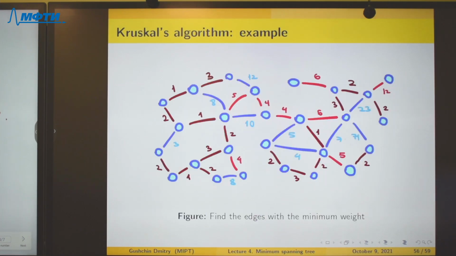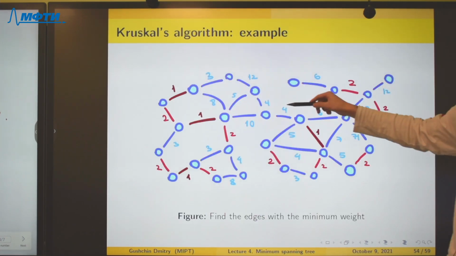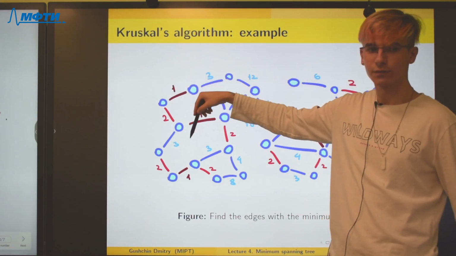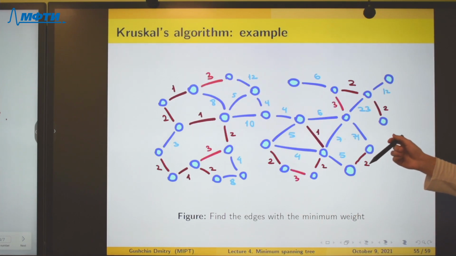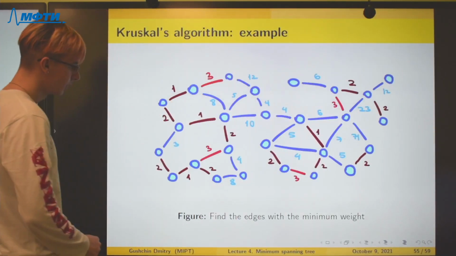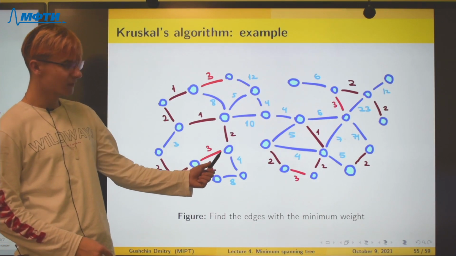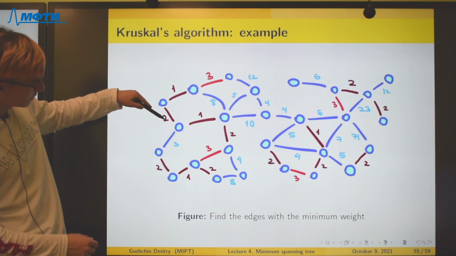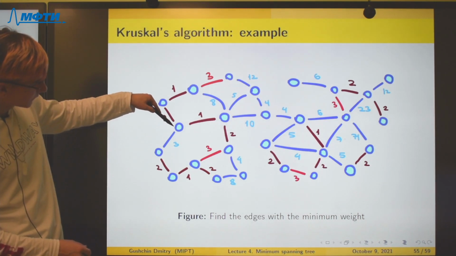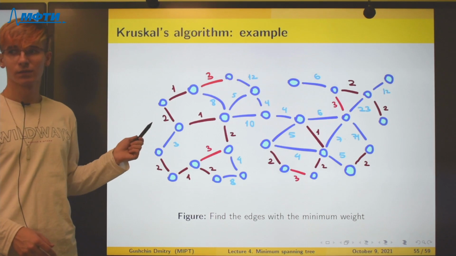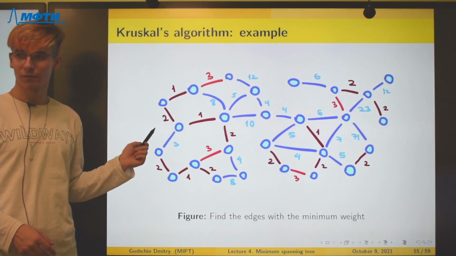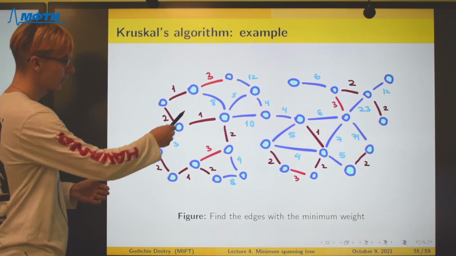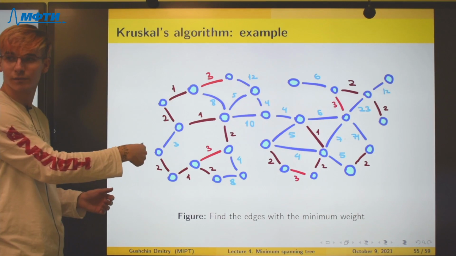If they're in different components, we add this edge in the tree, and we union these two components. So then we see that this edge connects different components, we add it, and so on for the others. For example, in this step, firstly, we add this edge, and then we ask ourselves, does this edge connect different components? No, because after we add this edge, we have one big component.